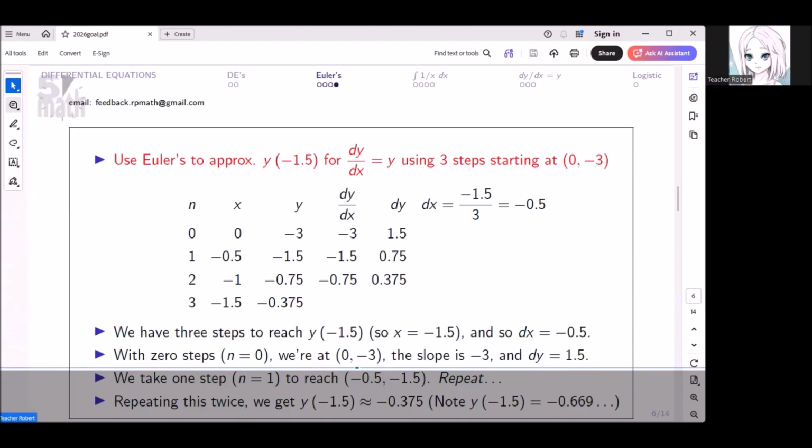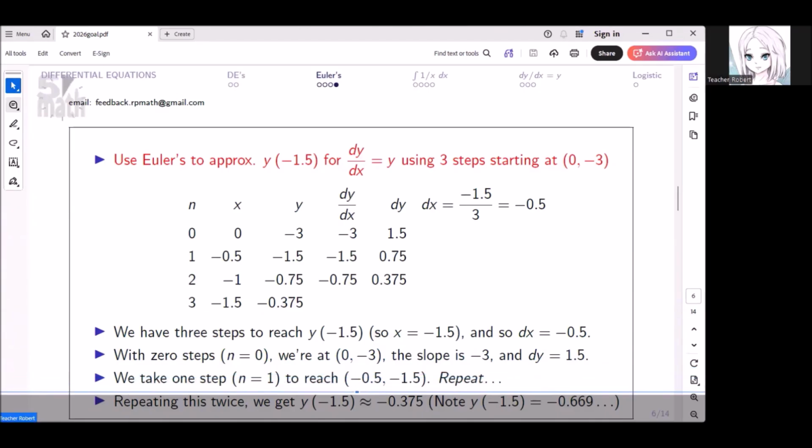The slope is -3, and dy equals 1.5. We take 1 step, n equals 1, to reach (-0.5, -1.5). Repeat. Repeating this twice, we get y of -1.5 approximately -0.375. Note y of -1.5 equals -0.669 and so on.